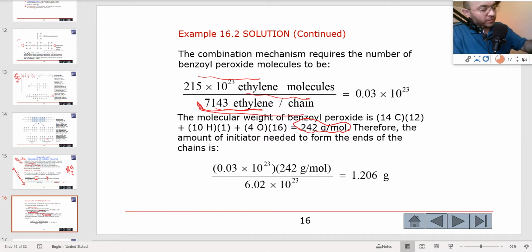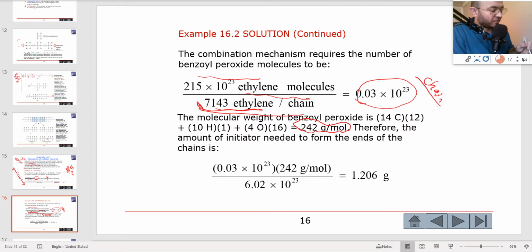So overall you end up with 0.03 times 10 to the power of 23 chains of polyethylene. For each one of those chains, you need one molecule of benzoyl peroxide.